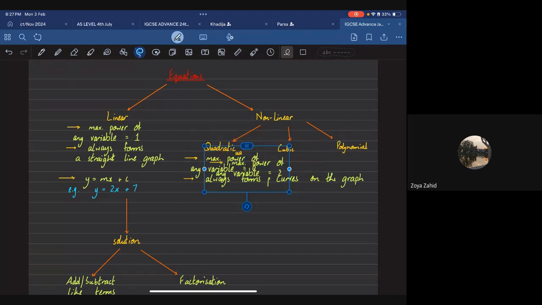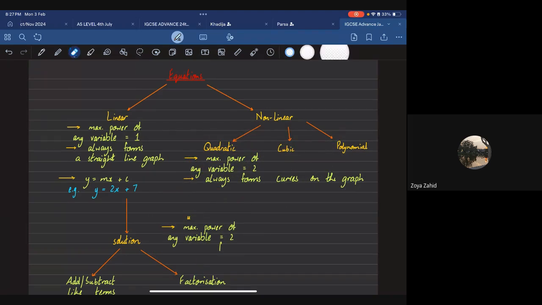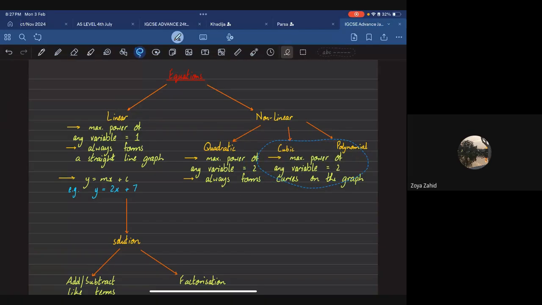And who can tell me what are cubic equations? Can someone tell me what are cubic equations? What could be the property of a cubic equation?